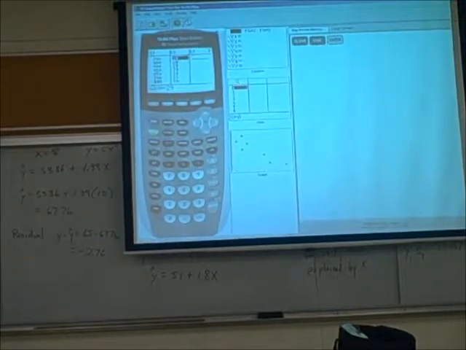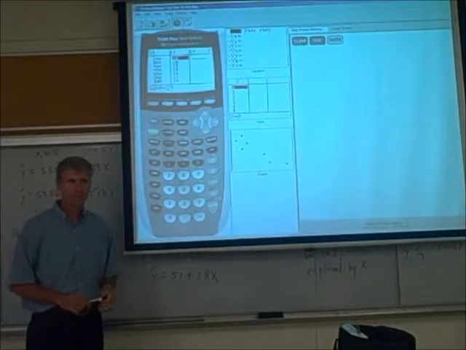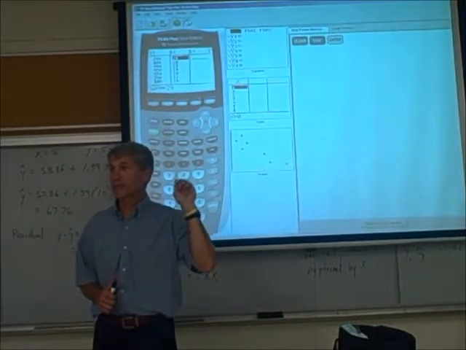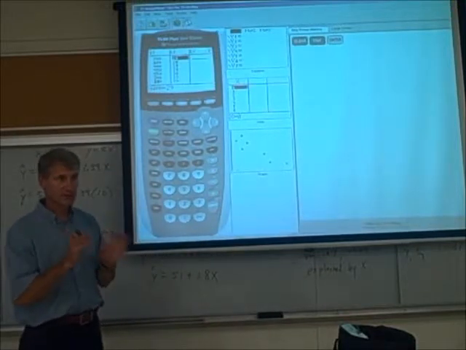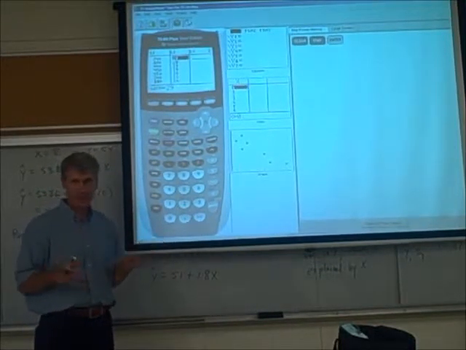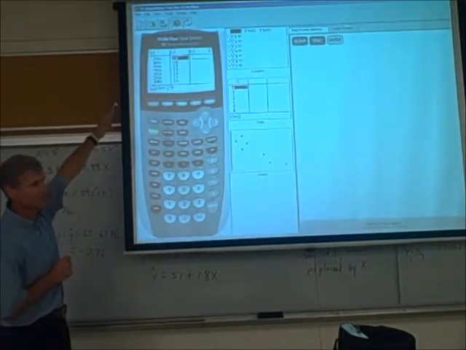Now, remember last time we had the mountain bike data? This was for one of the homework problems at the end of the section. So that data is still in my calculator. If it's still in yours, great. If it's not, you need to get it in there, because I want everybody to do this. You can see the numbers up there.